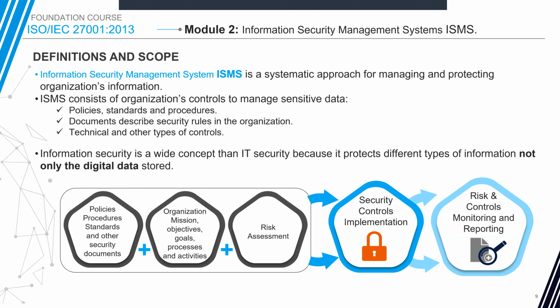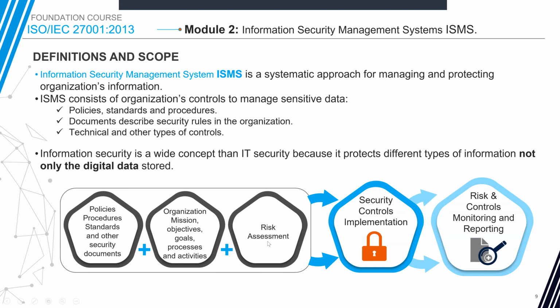If you want to create your own ISMS, what do you require? You have to understand the policies, procedures, standards, and any other security documents in your organization. You have to understand the organization's mission, objectives, goals, processes, and activities.